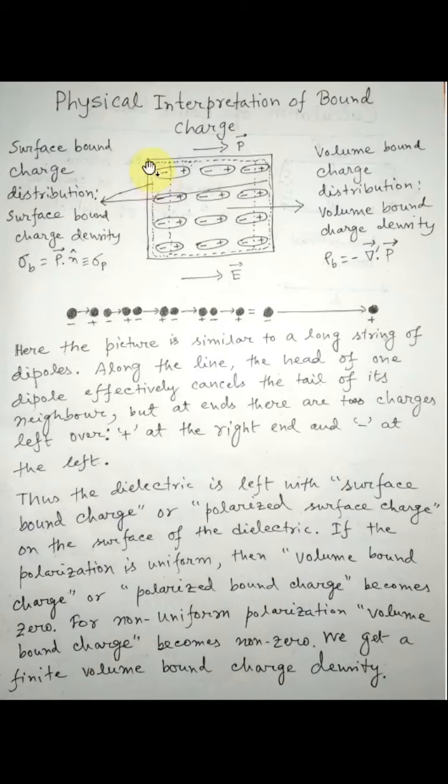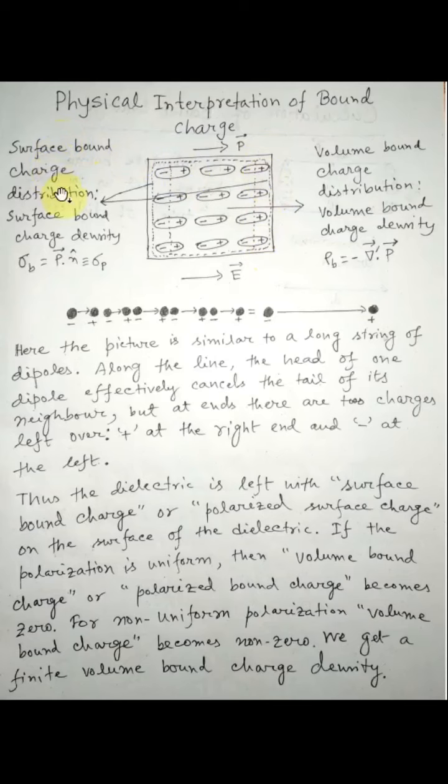So this is a dielectric medium, and if we apply the electric field the dipoles will be oriented like this. We are talking about a polar dielectric medium. Now here you can see the negative charge is accumulated on this surface and positive charge is accumulated on this surface, right?